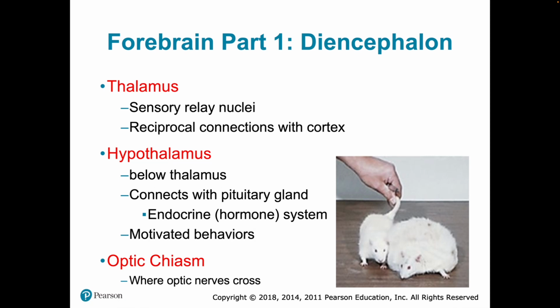They have to hold the other one in place, but not the one on the right. Well, why is it like that? Well, that rat had a part of its hypothalamus, a specific nucleus of the hypothalamus, damaged or lesioned. And that nucleus was involved in regulating feeding behaviors, essentially telling your body that you're no longer hungry. So your hypothalamus is involved in your motivated behaviors, including eating behaviors.